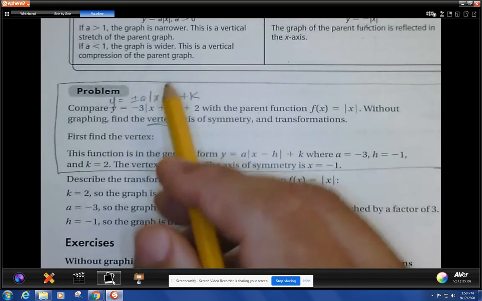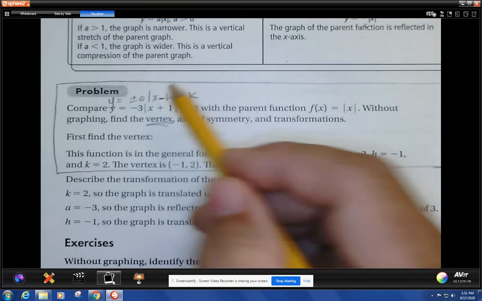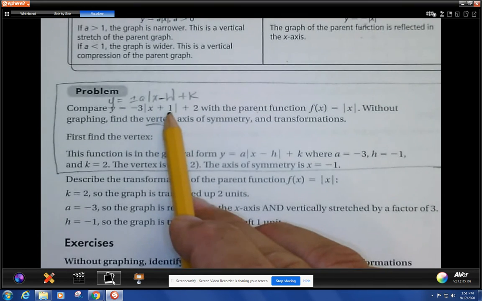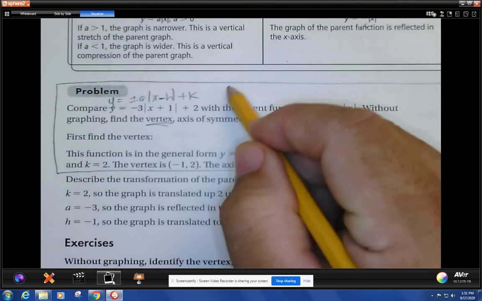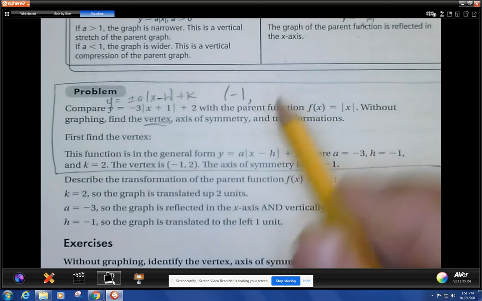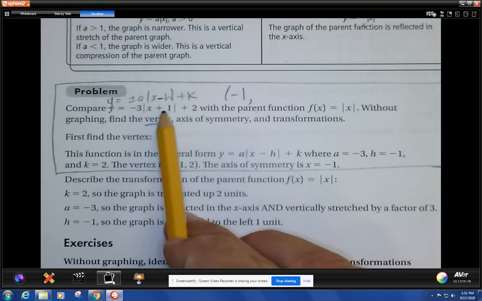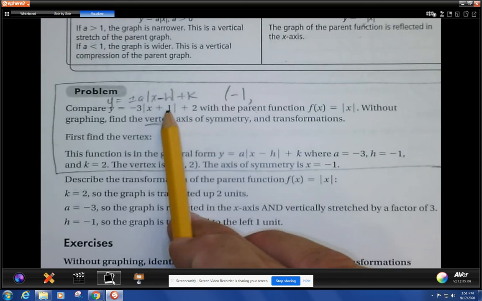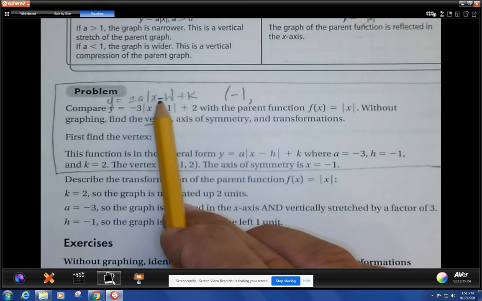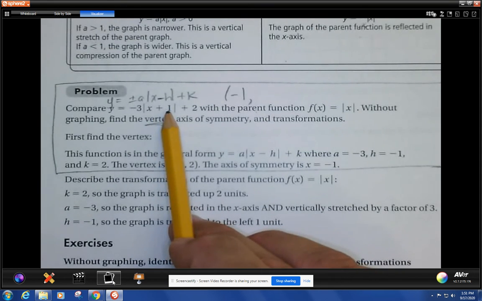Now remember, there's already a negative in the formula. So if this is positive 1, what would h have originally had to have been? My h would have had to have been negative 1, okay? Hopefully that makes sense, because again, we have to think about this being the opposite. If this says positive 1, we have to know that because that negative is in the formula, this is always going to be opposite.